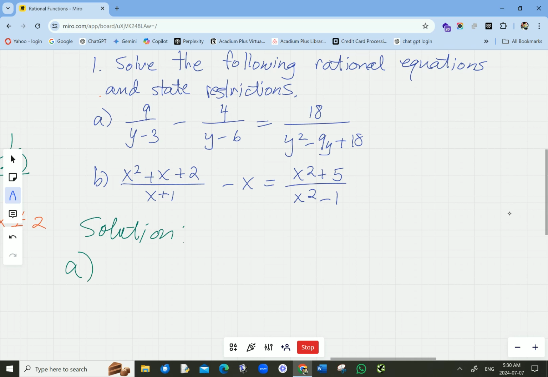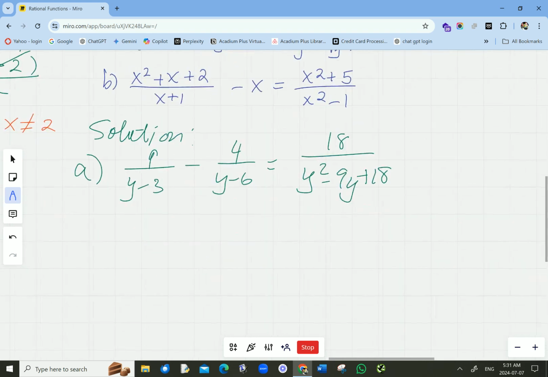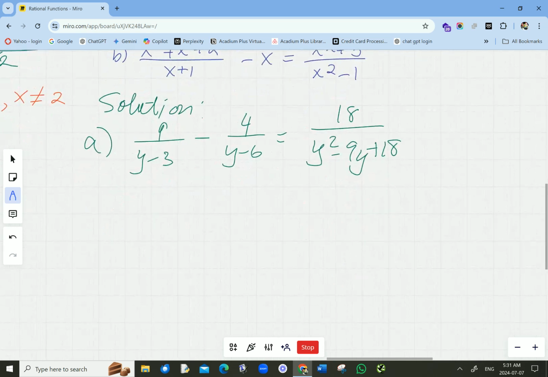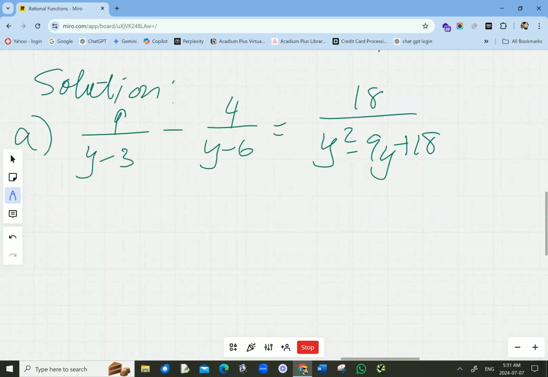Let's look at A. I'm going to quickly write it out again: 9 over y minus 3 minus 4 over y minus 6 equals 18 over y squared minus 9y plus 18. Our plan of attack is to simplify the left-hand side. Since the denominators are not the same, we need to put everything over a common denominator.